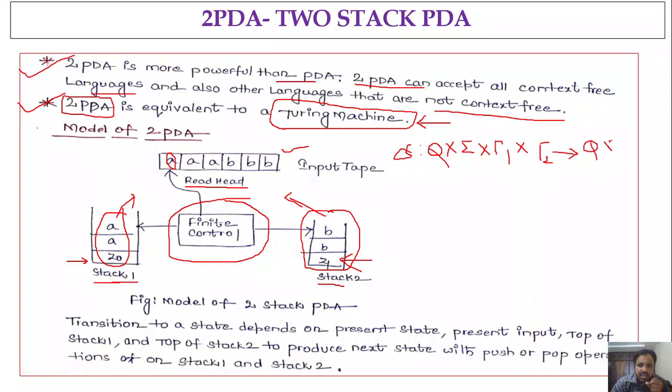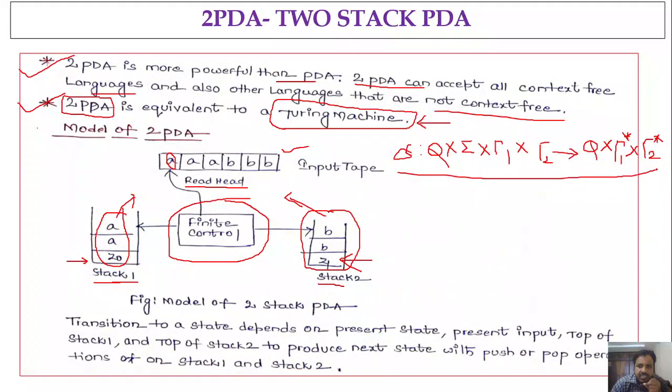Along with it, we may have certain operations on stack 1, that is tau 1 star, and some stack operations on stack 2, which is represented as tau 2 star.